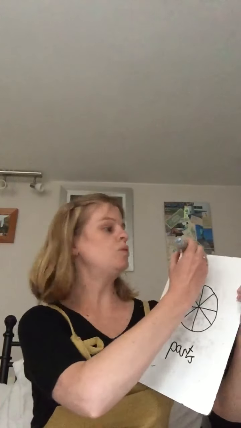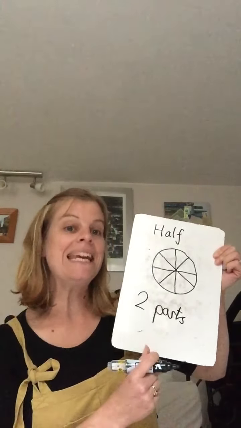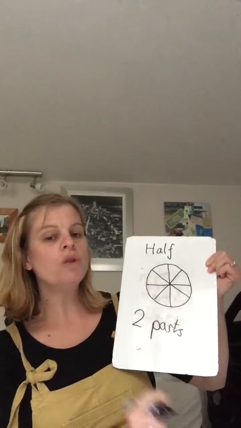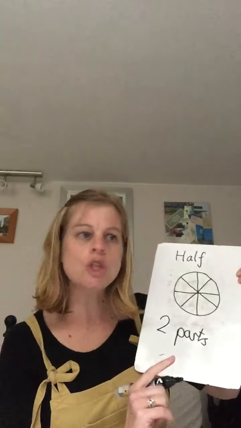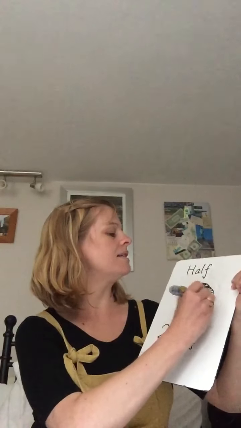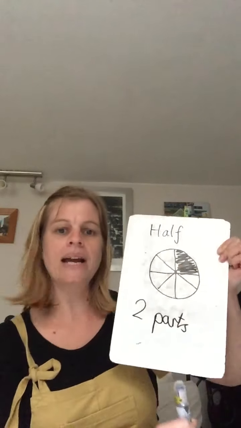But what is really important when we're thinking about half is each part has to be equal. If I were to say to you, okay, would you like to share my pizza? We'll have half each, and I say, there's your half, here's my half.